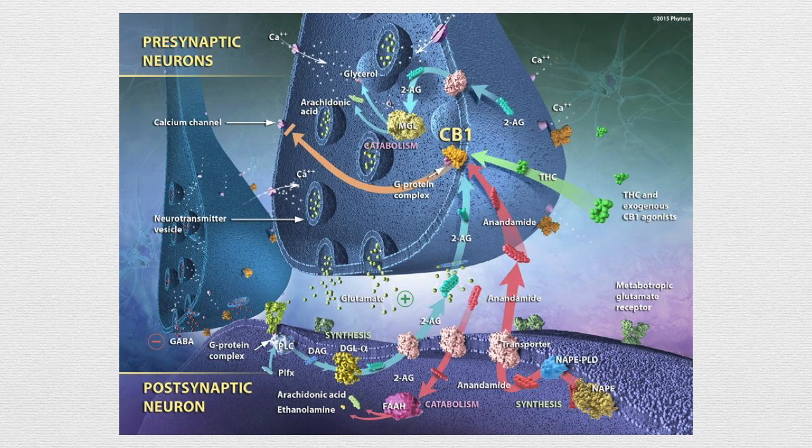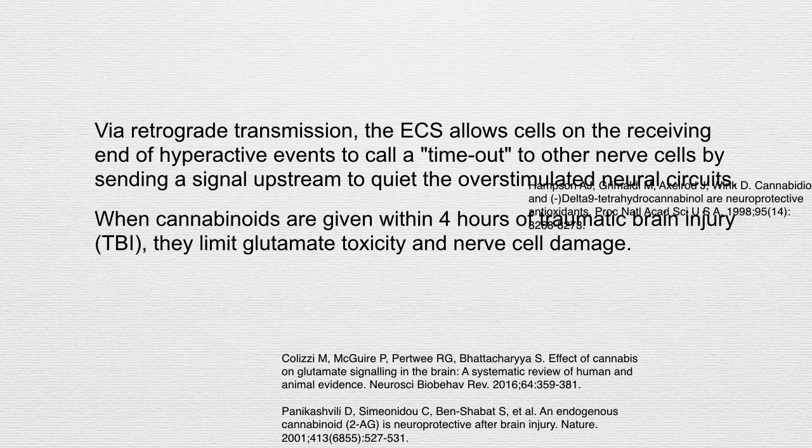What the endocannabinoid system does is it allows the cells on the receiving end of that shouting to call a timeout and say to the nerve cells that are out of control and firing at it, hey, we got to slow down here. Let's take it easy. And you can see, especially in some videos of some seizure patients, how the cannabinoids can very rapidly turn that electrical storm in the brain into a much more calm situation.